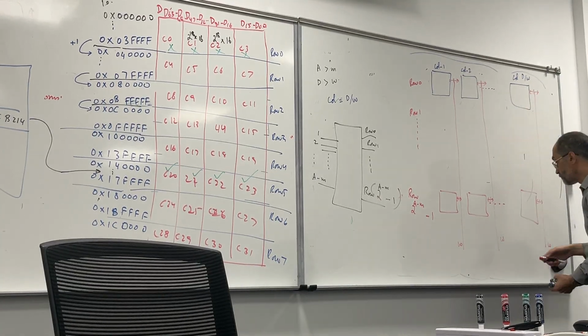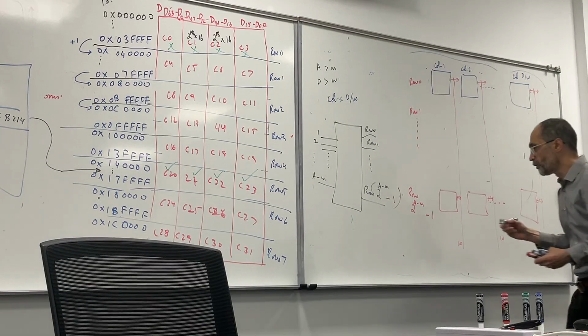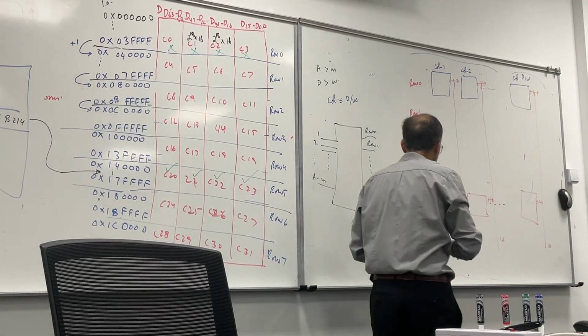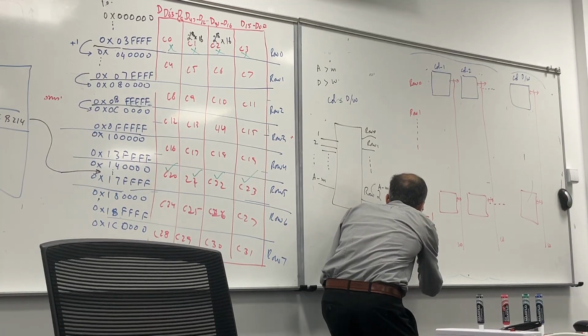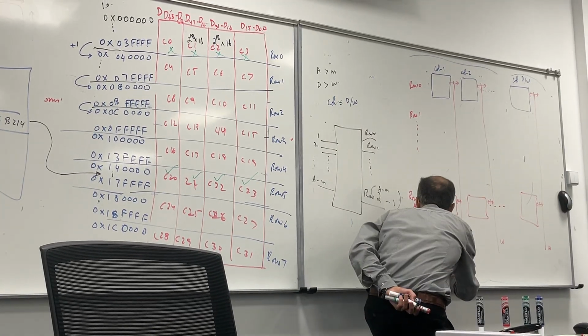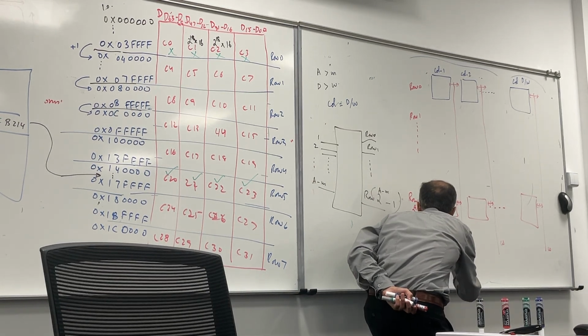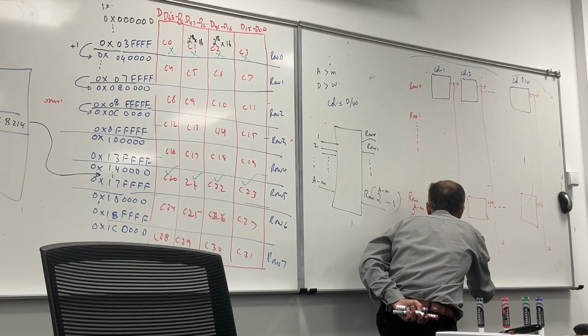So if you look at here, we have D divided by W columns. So what will the total bits be? Please remember, the total bits will be the number of columns multiplied by the number of bits provided by each column.